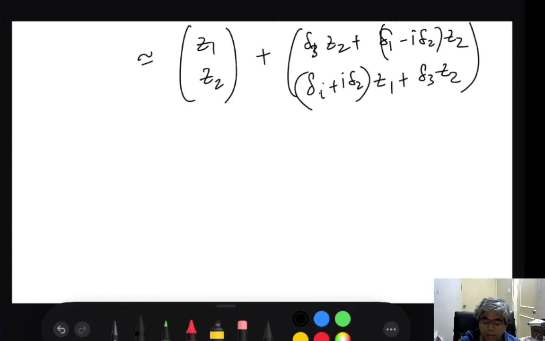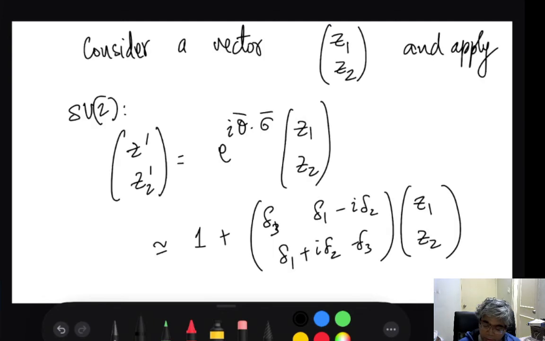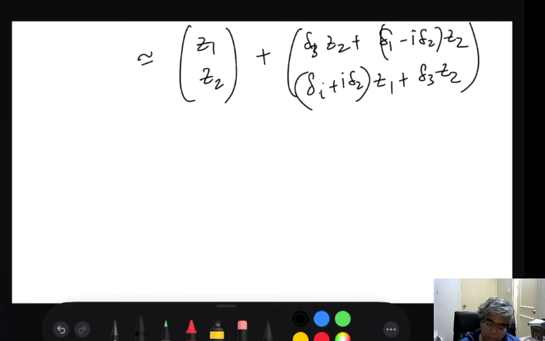I made a mistake there, this is that one. What it does is mix Z1 and Z2. It's a transformation like a spin, it mixes Z1 and Z2.